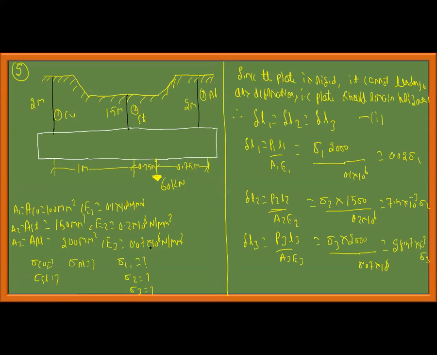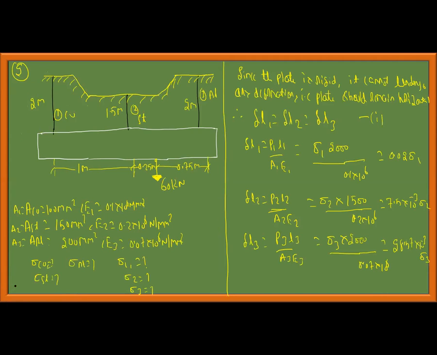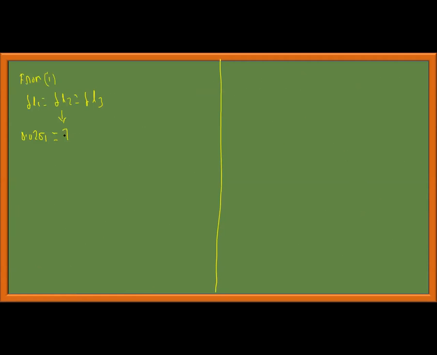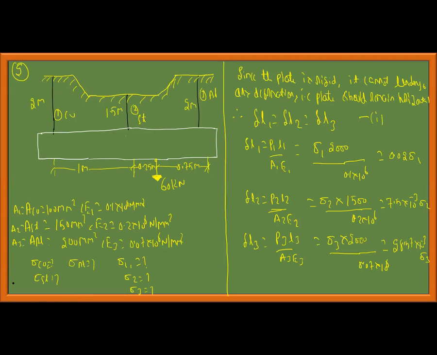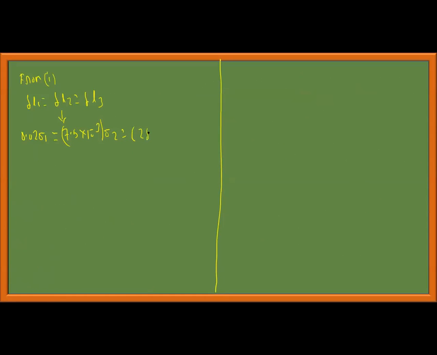We know from the first relationship, delta L1 is equal to delta L2 is equal to delta L3, which means 0.02 sigma 1 is equal to 7.5 into 10 power minus 3 sigma 2, which is equal to 28.57 into 10 power minus 3 sigma 3.